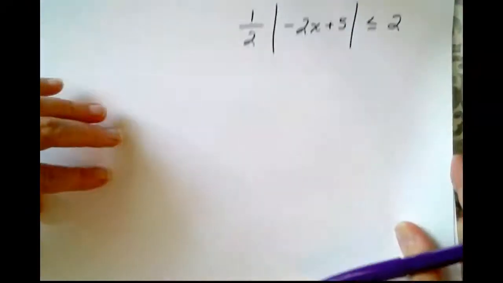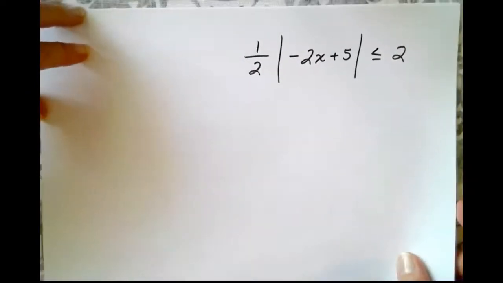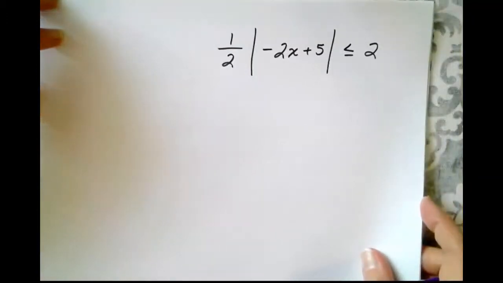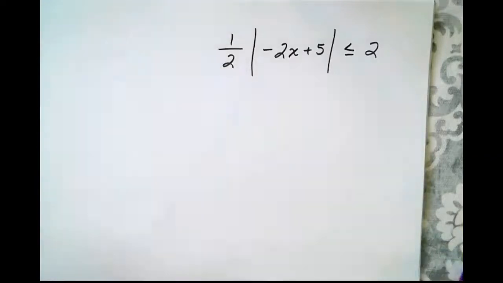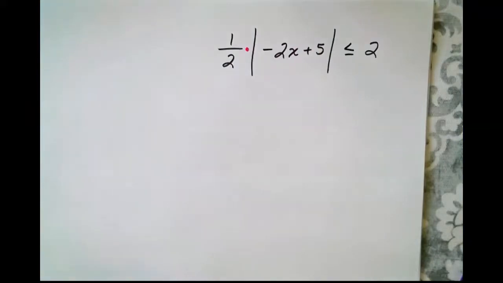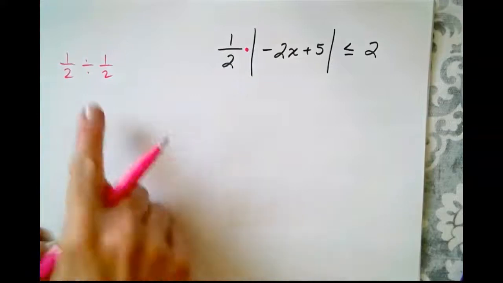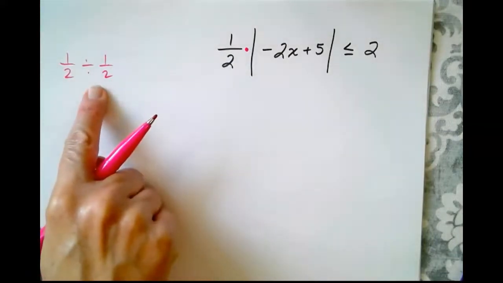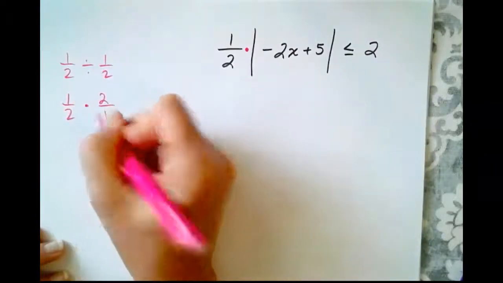Last problem. Again, step 1, not going to write the steps this time. Step 1, isolate the absolute value. In order to do that, there's only one thing that's been done. It's been multiplied by 1/2. To undo multiplication by 1/2, we could divide by 1/2, but remember, division by a fraction is the same as multiplication by the reciprocal.